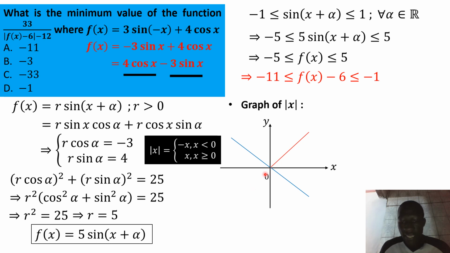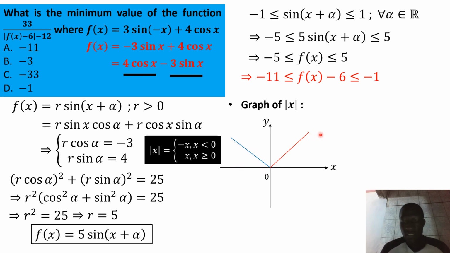That's where x is negative, sorry. So you see, I'm just going to take this red portion in this positive x region. Now for the other part, which is -x, remember that we are dealing with it when x is negative. It means you are going to wipe this portion where x was positive, and we take only the portion where x is negative. So that is the absolute value function.